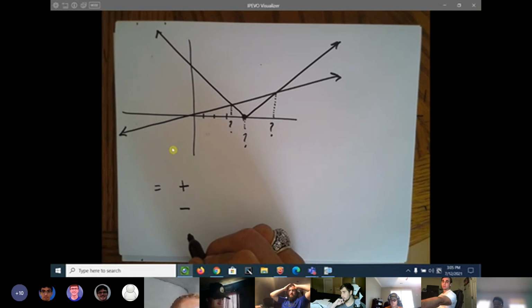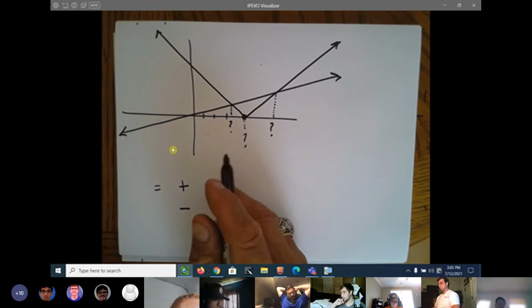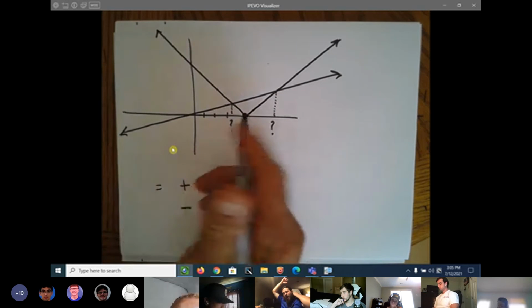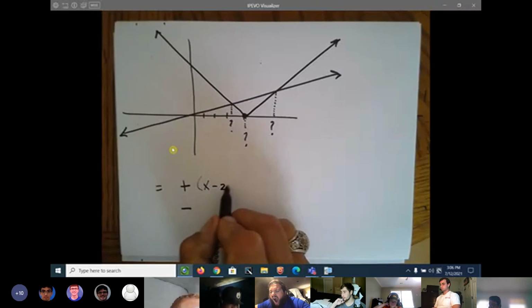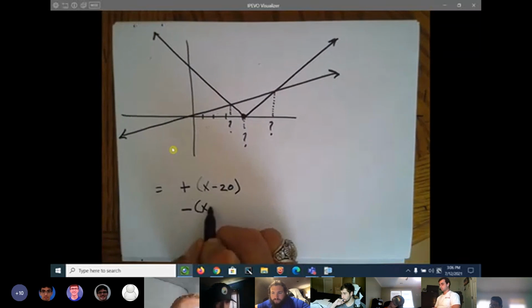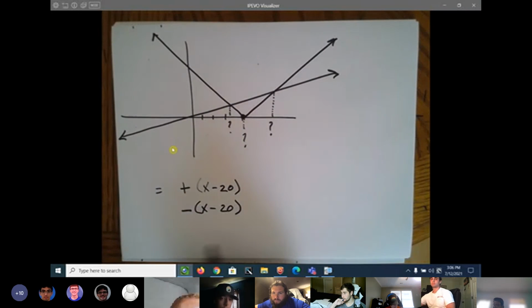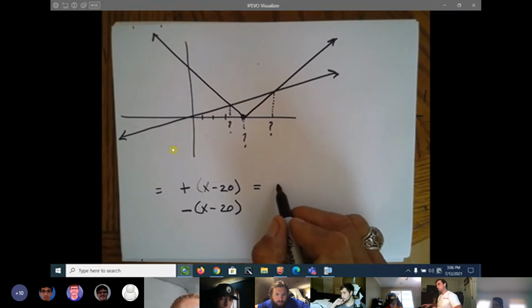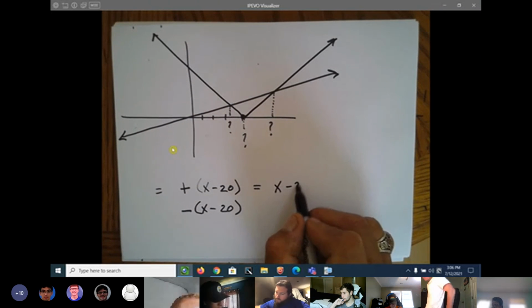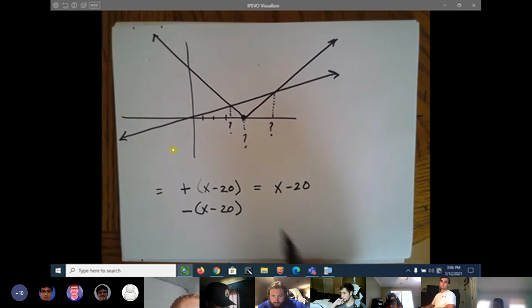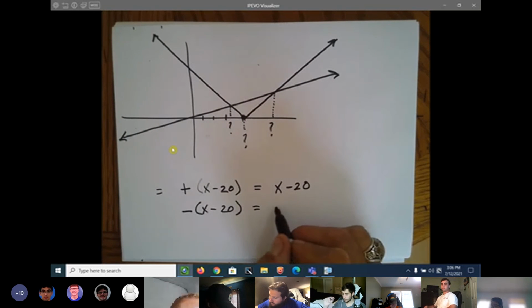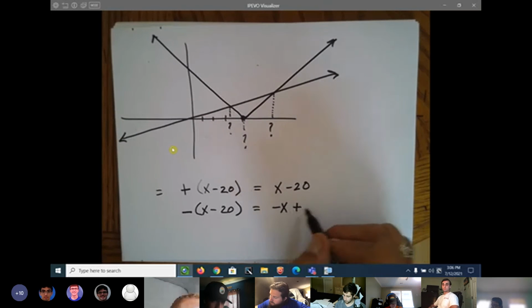The negative. So what do we say? X minus 20, and negative x plus 20. So one line is x minus 20, and the other line is negative x plus 20.